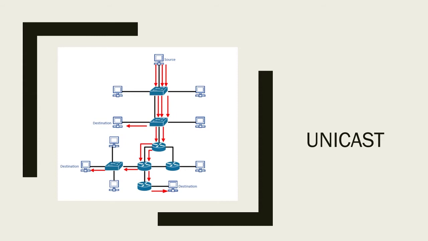It's good because it can get you from your source to your destination very specifically. It isn't so good in terms of the utilization of the resources you have across the network.